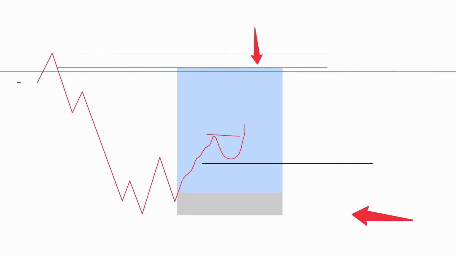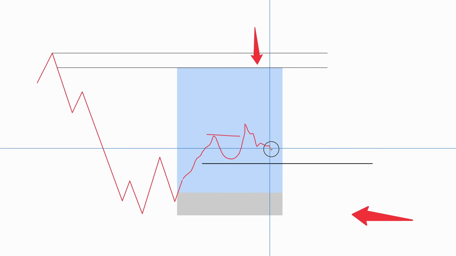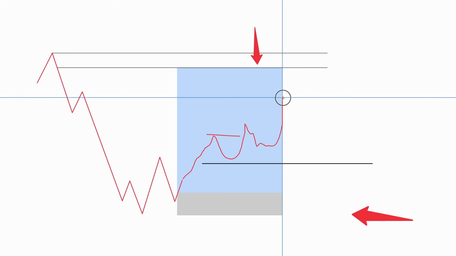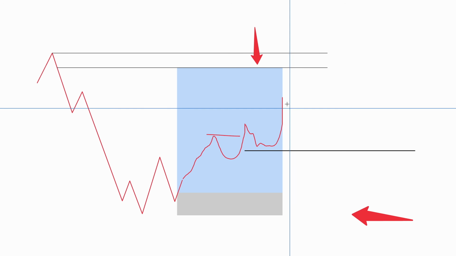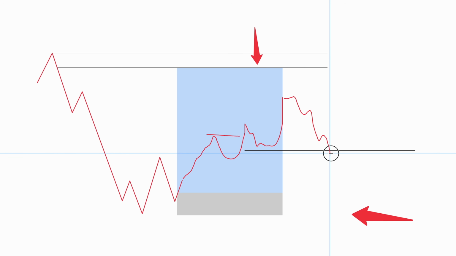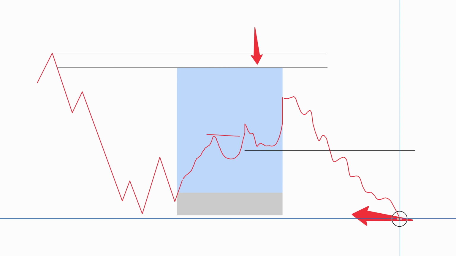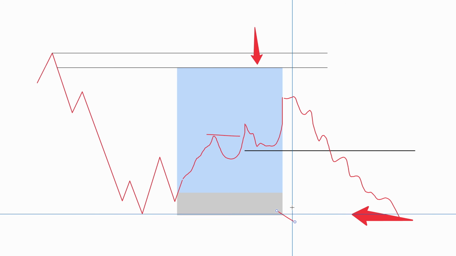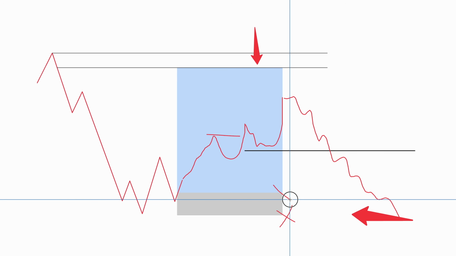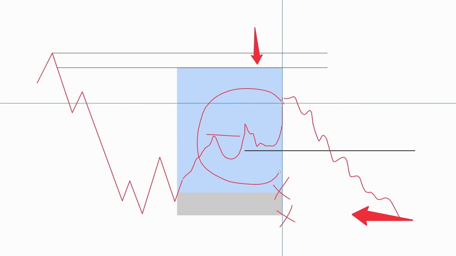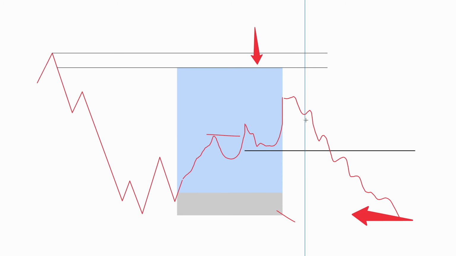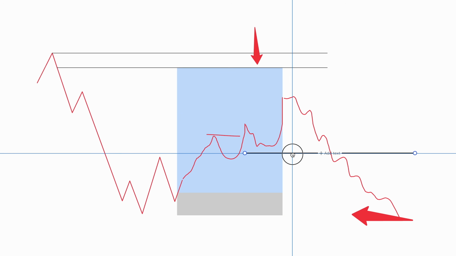So this way, if the market pulls back, finds a new low, and continues the trend, we can simply trail again. But if the market is to make a full-blown reversal and move all the way down here, rather than getting stopped out for a loss, which is not good, or break even and missing out on all of the profit potential we have in this area, we would actually be stopped out of our trade at this level here.